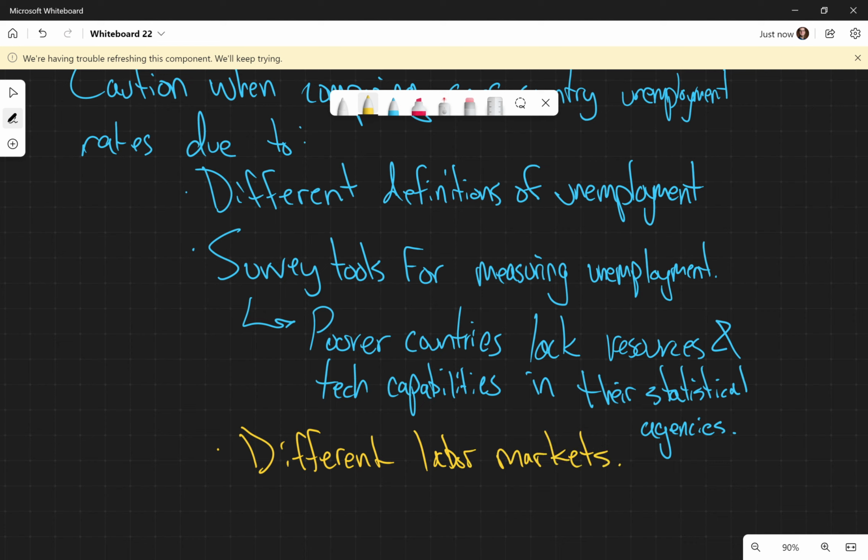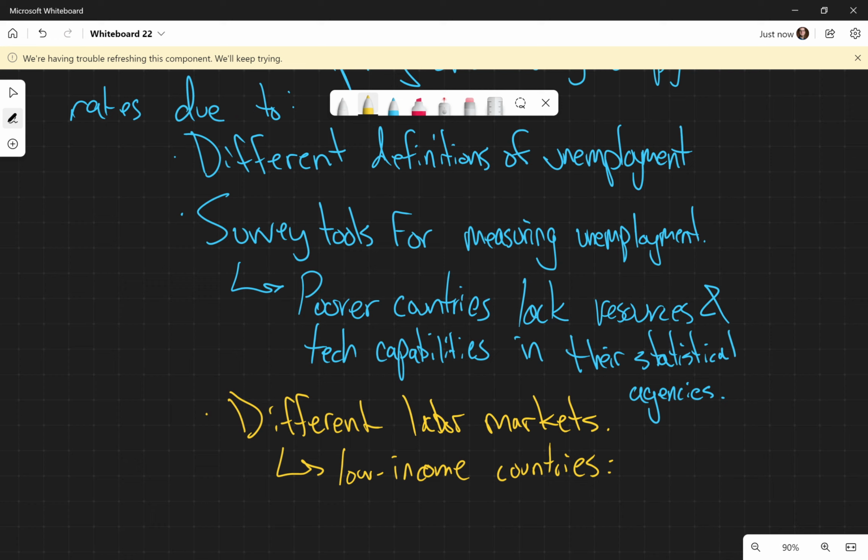So what do we mean by this? Well, in a lot of low-income countries, they don't have a similar situation to ours, where workers are involved with an employer who pays them regularly.